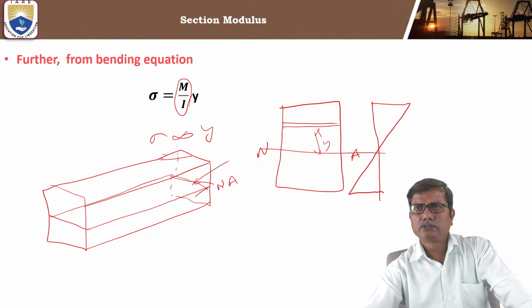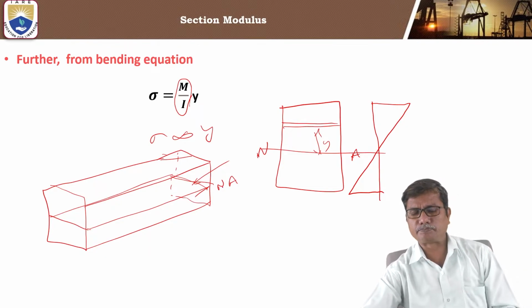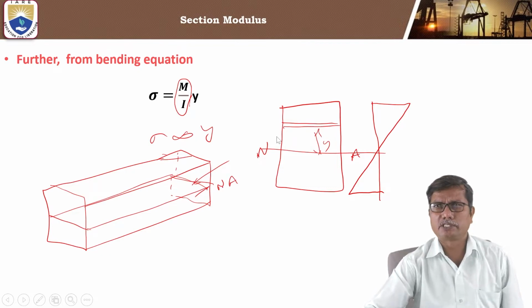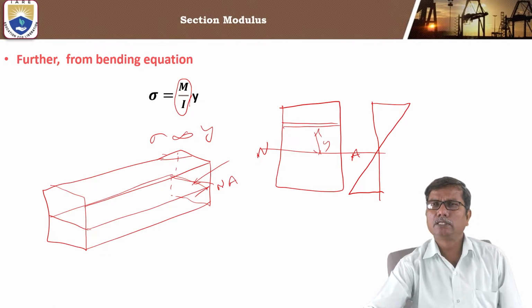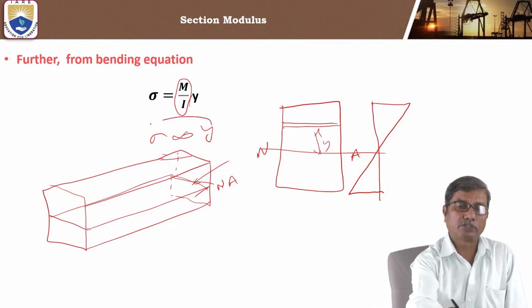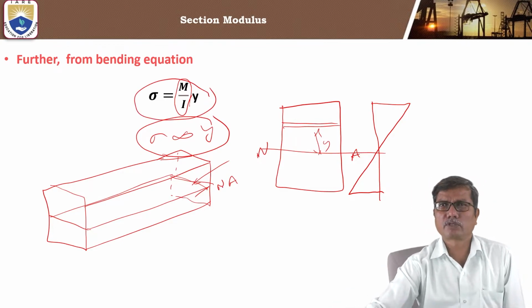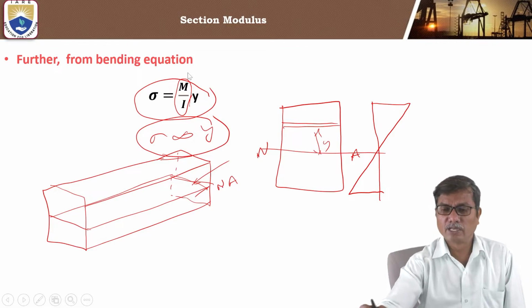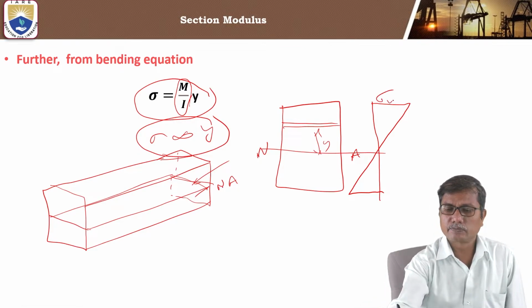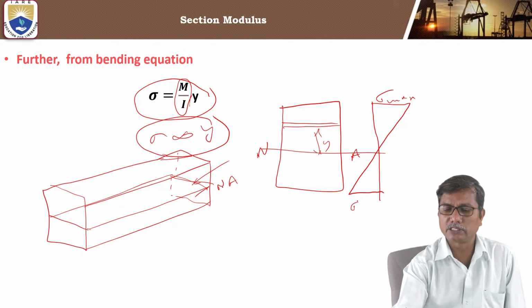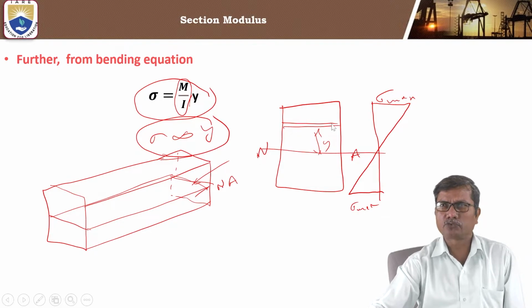At the neutral axis the stress will be zero, because the distance of fibers is measured from the neutral axis. So at the neutral axis the distance is zero, and hence the stress will be zero as per this equation. It will be maximum at the extreme fibers, because the distance is maximum at the topmost or bottommost fibers.